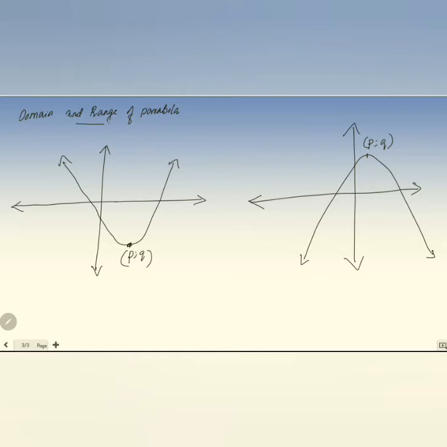So the bottom y value is q, the y value of the turning point. Then the top point we cannot find because the graph is moving upwards continuously. So it is q to infinity. The graph is covering all the y values starting from q to infinity. Here the minimum y value is q, then the maximum y value is infinity, because this graph is going continuously upwards.